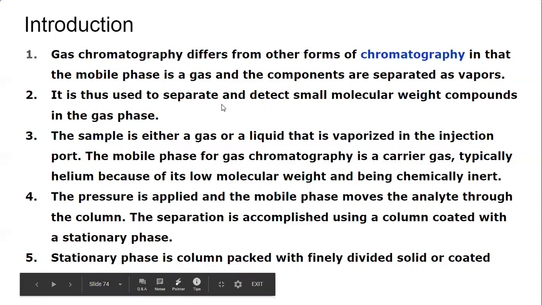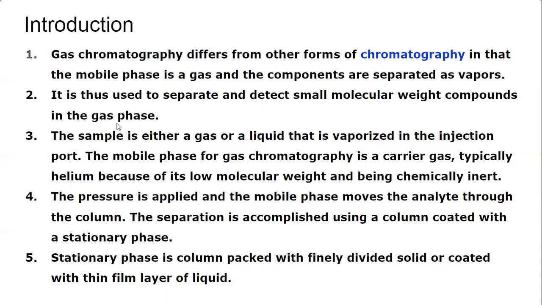It is thus used to separate and detect small molecular weight components in the gaseous phase. Large molecular weight components are very difficult to vaporize unless we maintain a higher temperature, so in this technique we take low molecular weight components which can be easily evaporated.